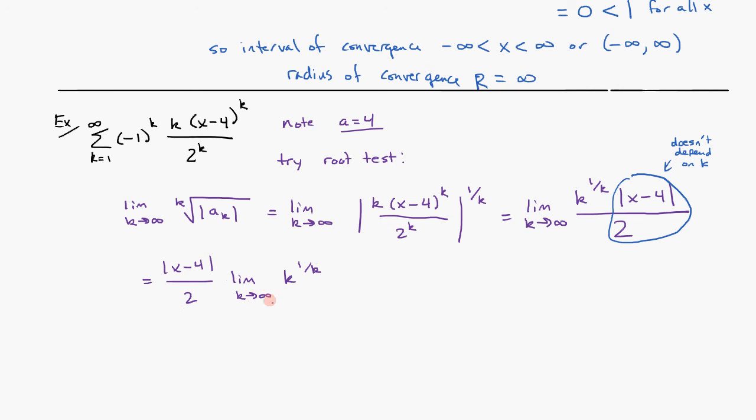And then, so this is actually infinity to the 0. So you have to use L'Hopital's rule to compute this limit. This limit will be equal to 1. So you get absolute value of x minus 4 over 2 times 1. So this goes to 1.